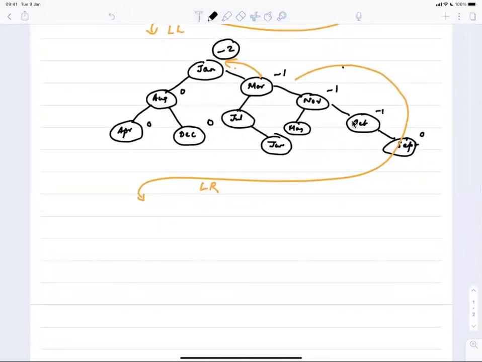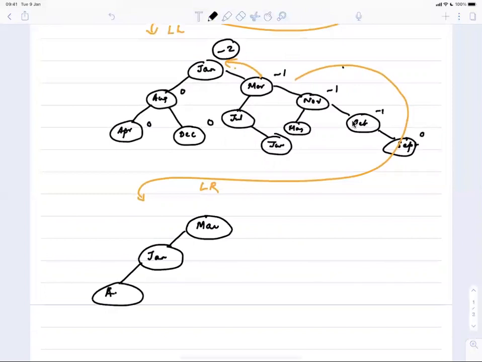So we move March to the root. And then Jan becomes the left child, whose left child is August, and whose left and right children are April and December. Okay, this was as before.